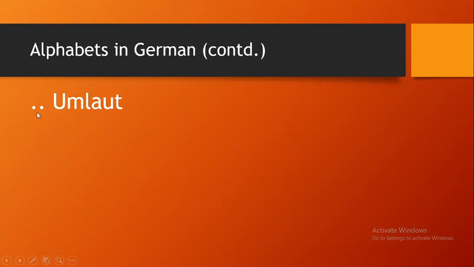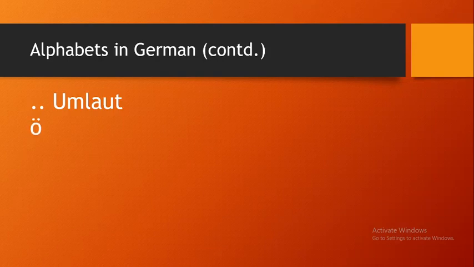This special character can be used only with three alphabets, not with all of them. The basic function of the umlaut is that it changes the pronunciation of those three alphabets.